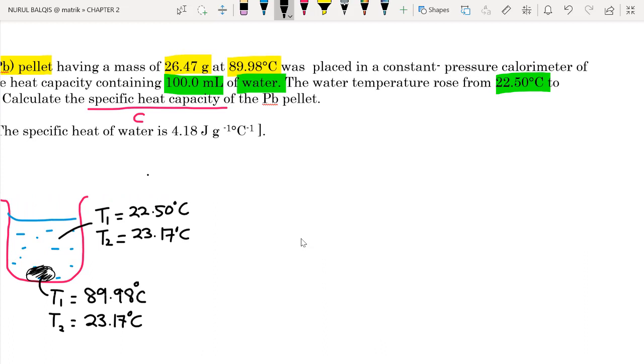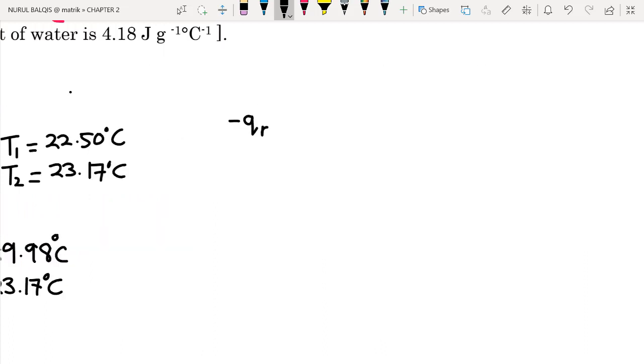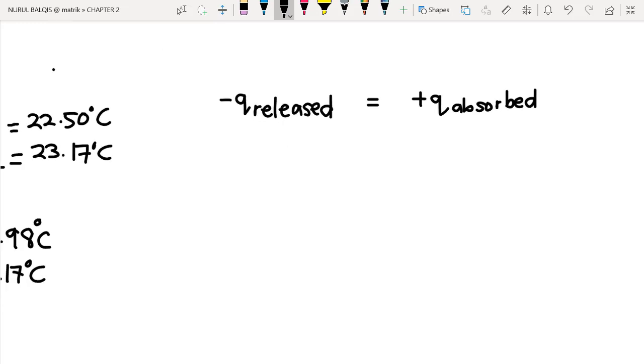So we're going to use the formula negative Q released is equal to positive Q absorbed. How do we determine whether water or lead pellet will release or absorb heat? If we have a reaction like neutralization or combustion, the one that is reduced in temperature will be the one that absorbs, while the one that has increased in temperature will be the one that releases heat.